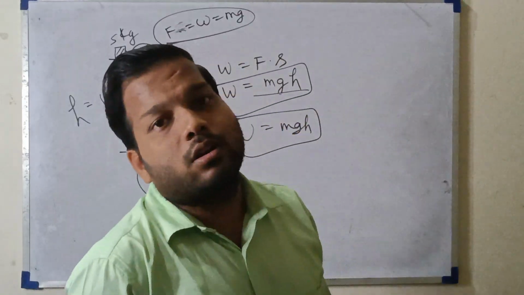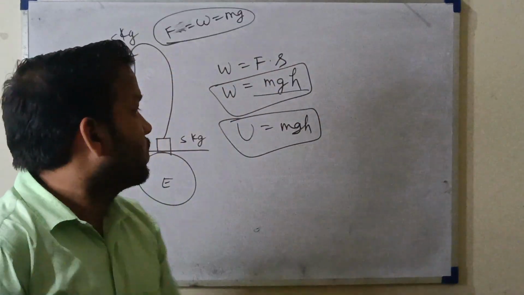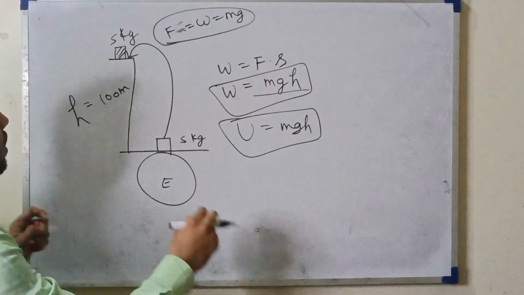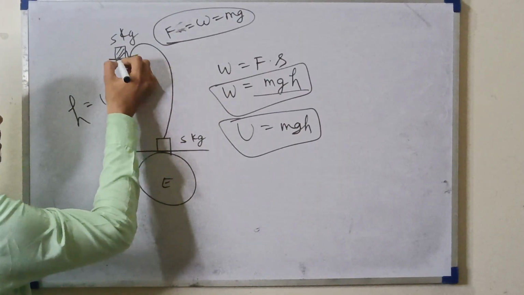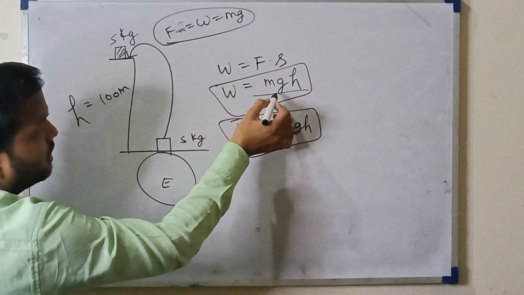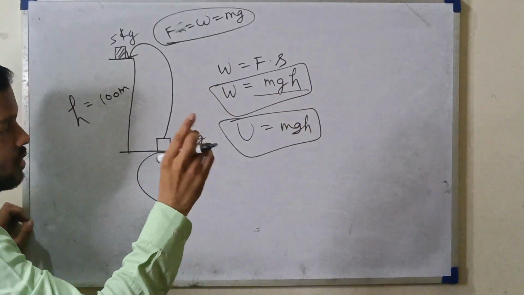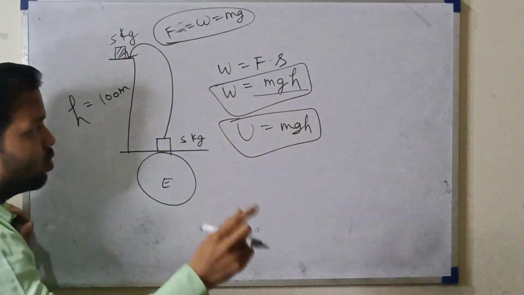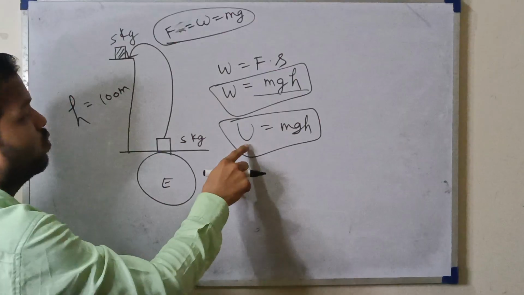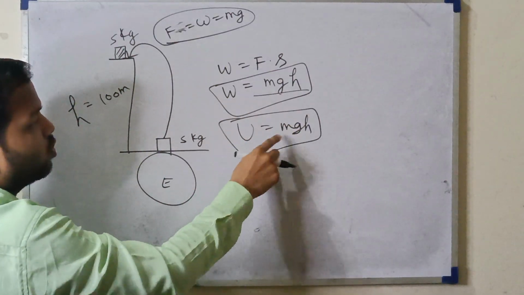Whatever the amount of work you have done to keep this object onto this surface, that is mgh, that work will be stored in the form of U.